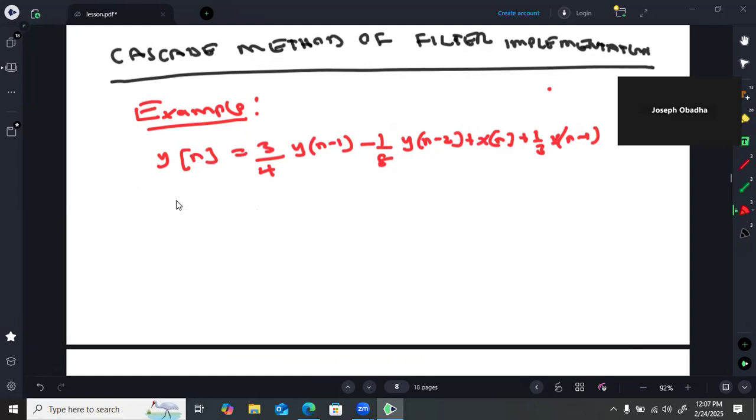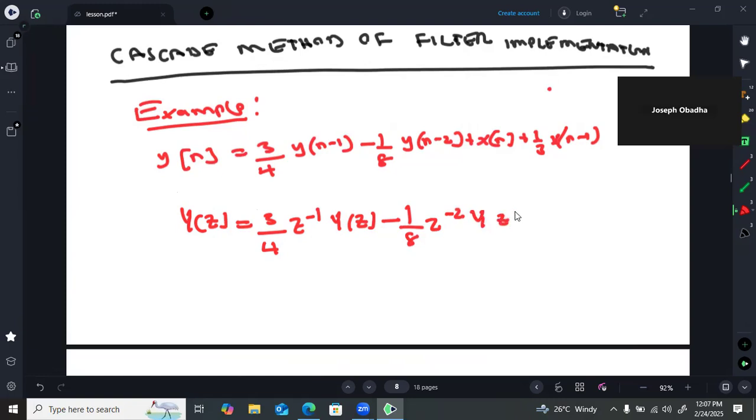So we'll have Y(z) equal to 3/4 z^-1 Y(z) minus 1/8 z^-2 Y(z) plus X(z) plus 1/3 z^-1 X(z).